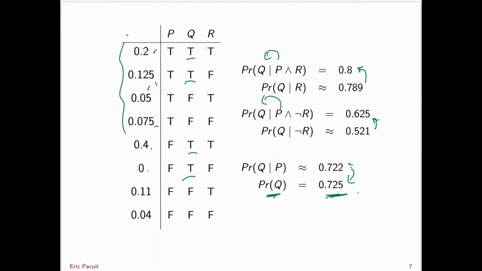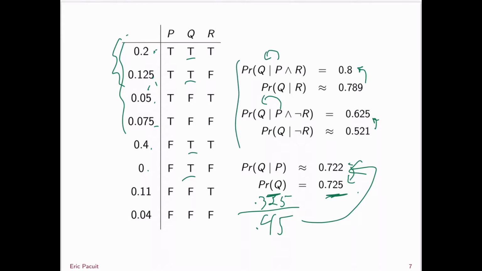Plus 0.2 is 0.4, plus 0.05 is 0.45. And the probability of Q and P is the sum of the probabilities in these first 2 rows, so that's 0.325. So you can do this calculation on your own, but 0.325 divided by 0.45 is approximately 0.722. And so here we see that P is not positively relevant for Q. When you condition on P, it actually lowers the probability of Q.